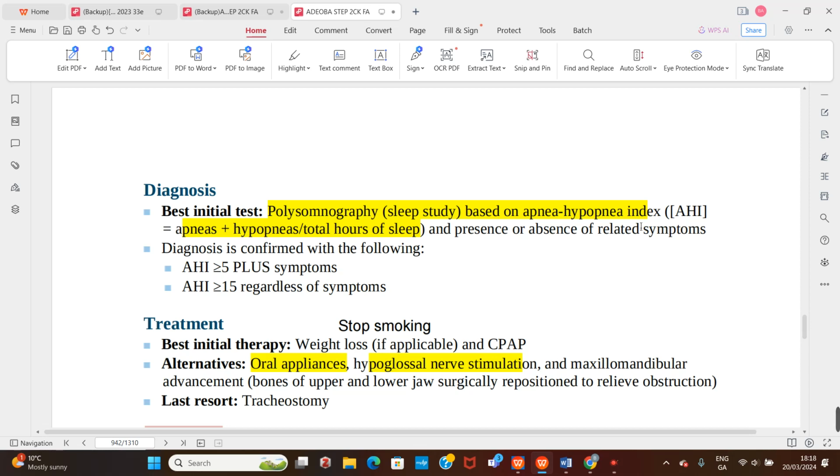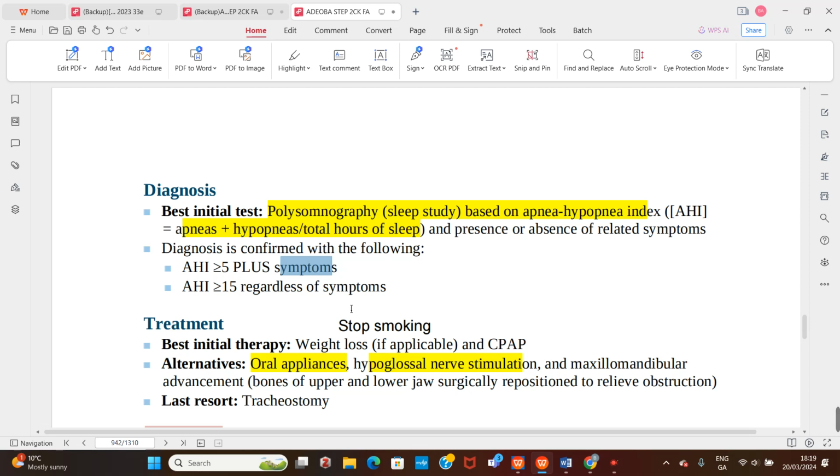So that is going to give us an idea of the diagnosis. If we get 5 or more of that apnea-hypopnea index plus the symptoms, like snoring, morning headaches, somnolence in the morning, and the likes, you can confidently say that what we are dealing with is obstructive sleep apnea.